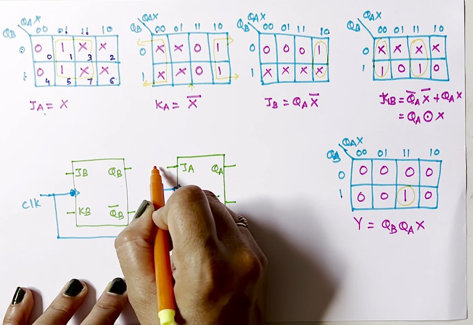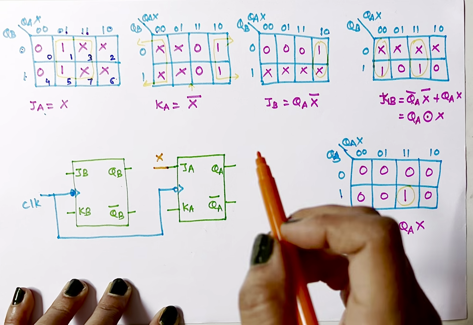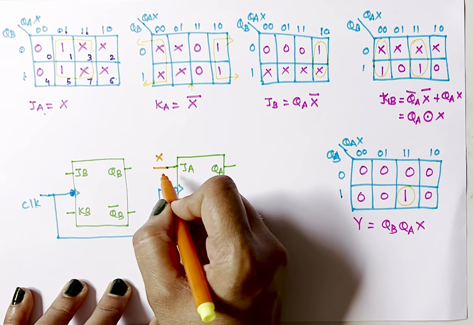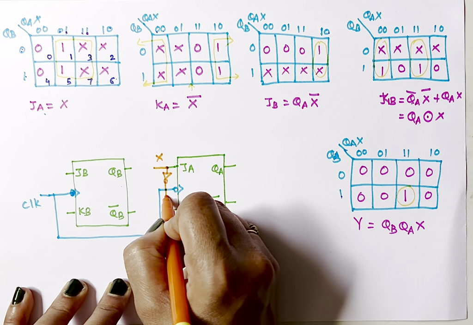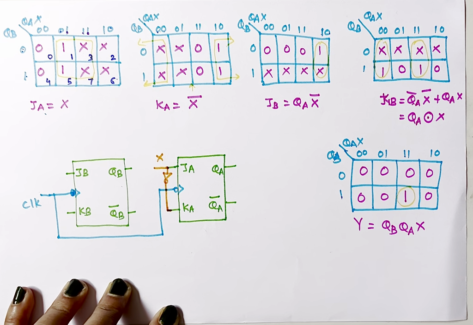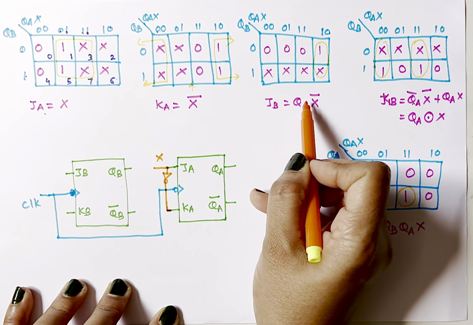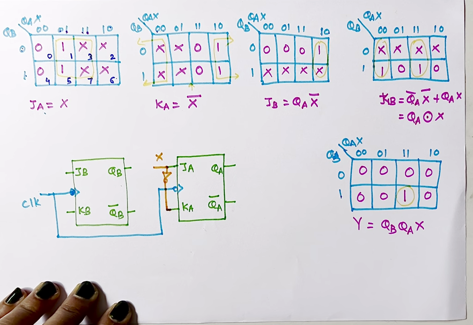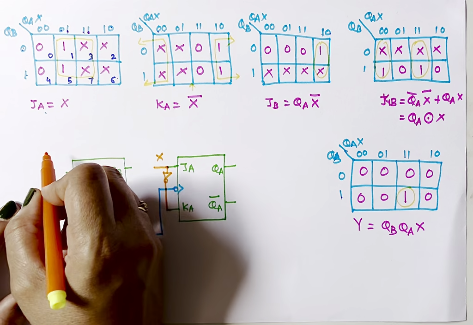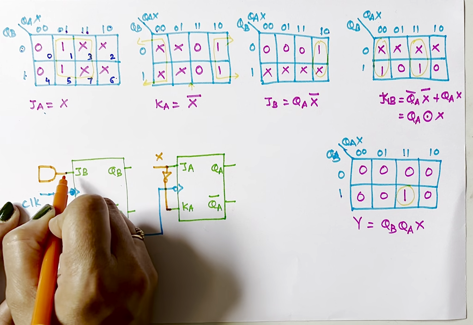JA is X, so I'll connect X here directly. KA is X bar, so I'll connect an inverter here and through that inverter KA. Next is JB. JB is QA into X bar. It means we need to take one AND gate. And what are the inputs to the AND gate?